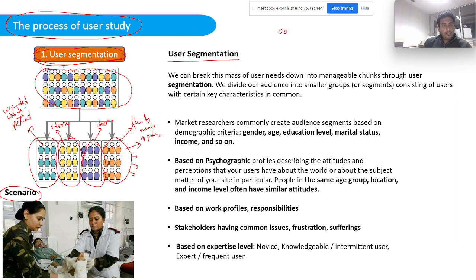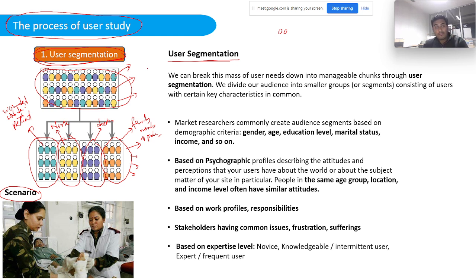Now when you do a user study on some random sample where you have people representing different user groups, the nature of the information that you gather will also be very random. So it will be hard for you to come to some conclusion about what the actual problem is and what sort of issues they are facing, because the work profiles of these people will be different and they may have different issues.